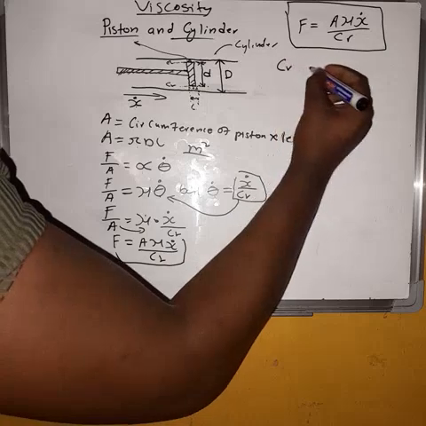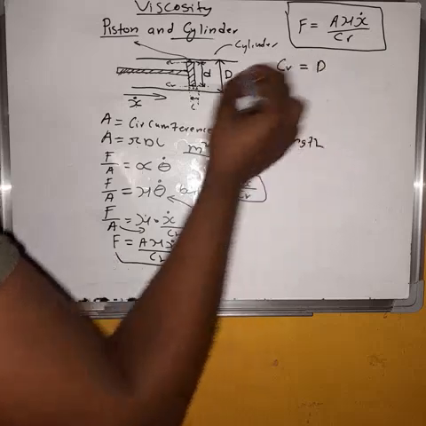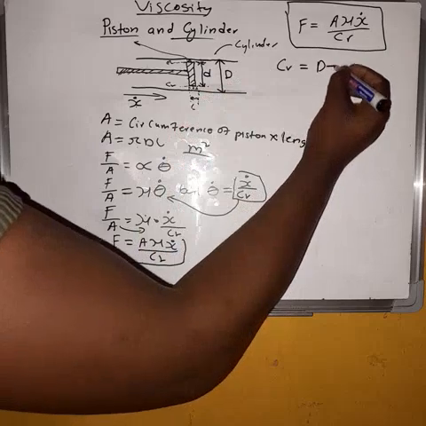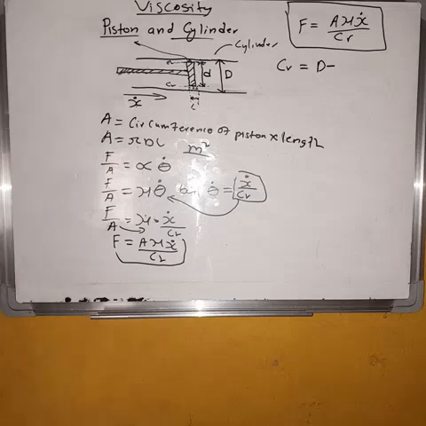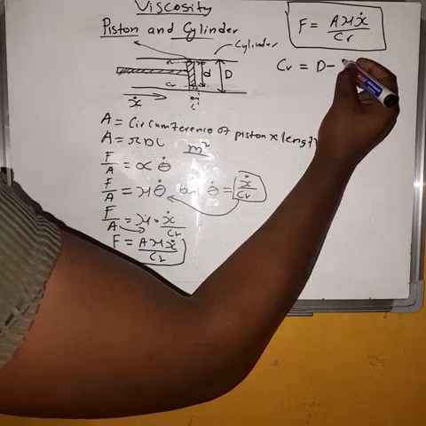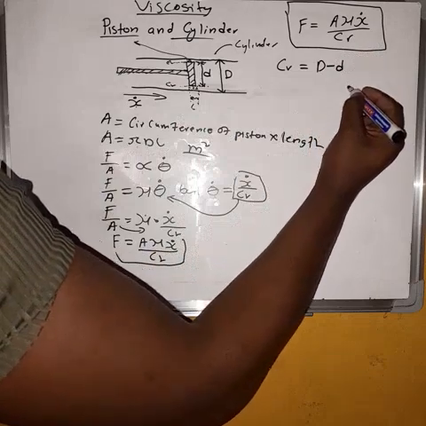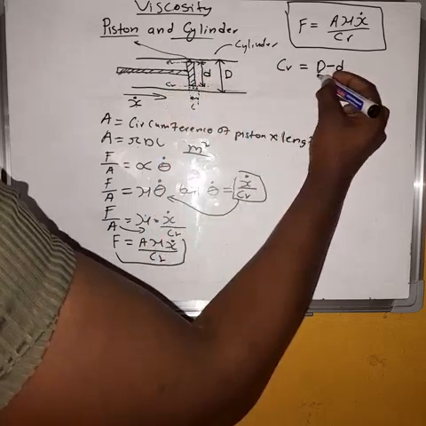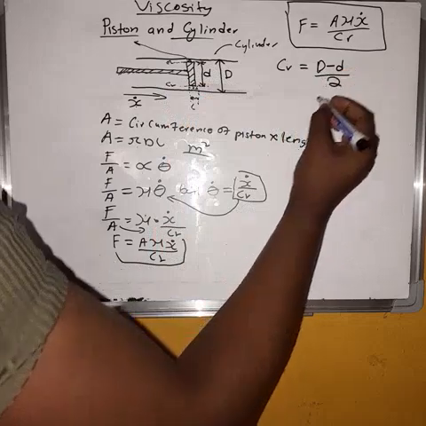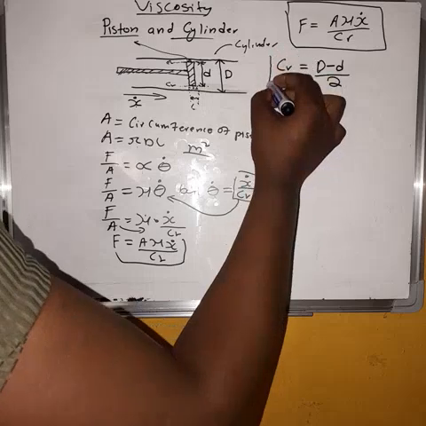Clearance is given by big D of the cylinder, not divide, sorry, you subtract the small letter d of the piston, then you divide by 2. That gives you the clearance. This is the important formula.